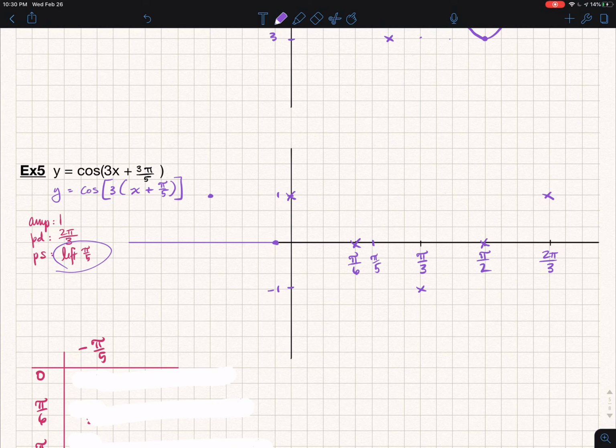My minimum, to the left 5 blocks. There's 2, 4, here's 5 blocks. My x-axis, this one right here, to the left 5 blocks. So 2, 4, 5. And then my last maximum there, to the left 5 blocks. Now I have enough to graph my curve.